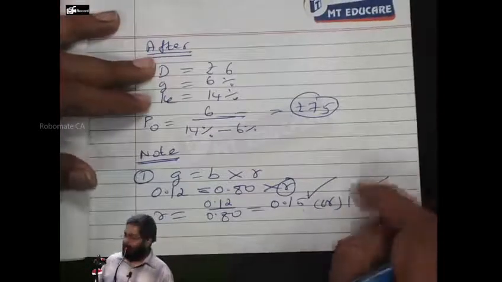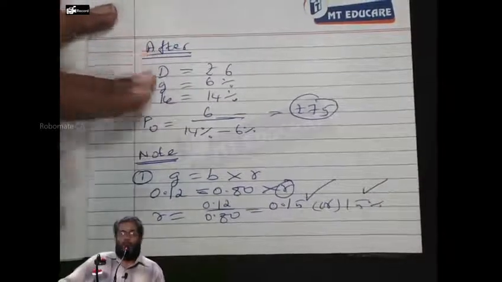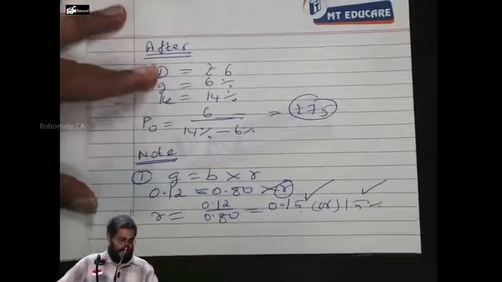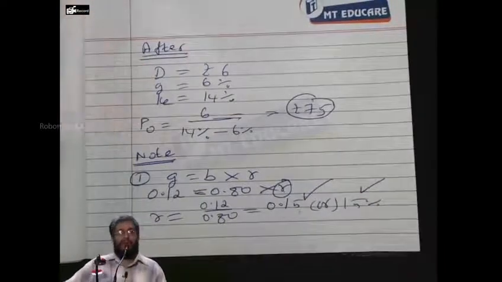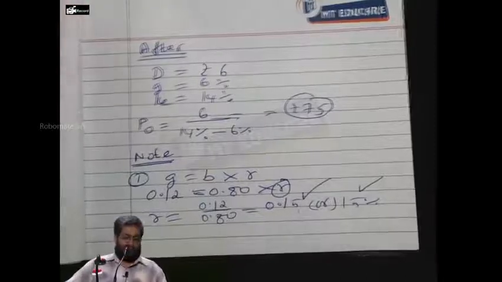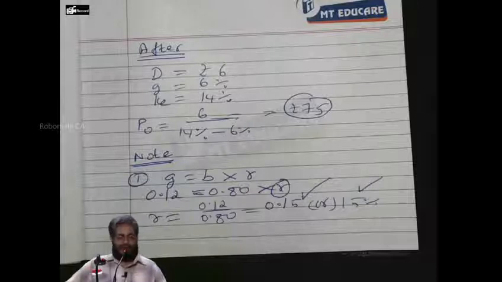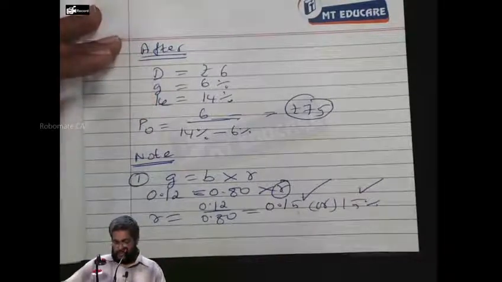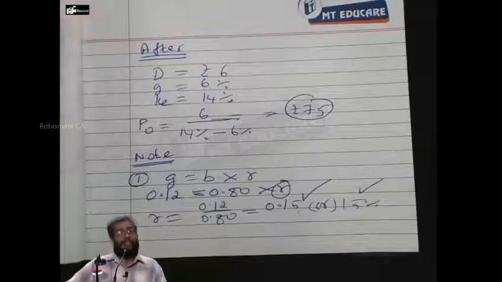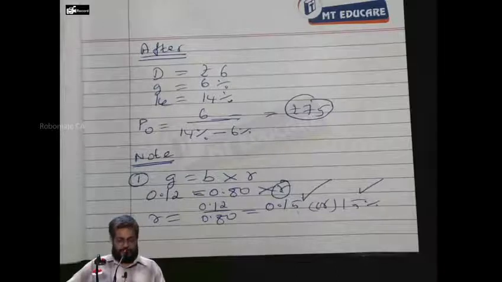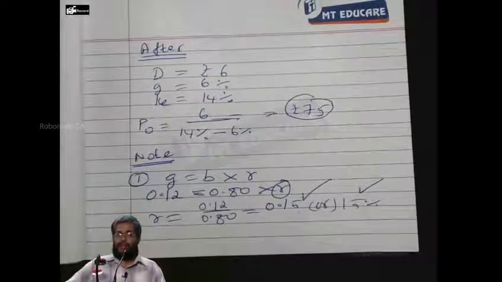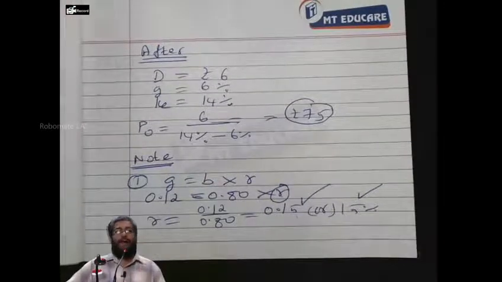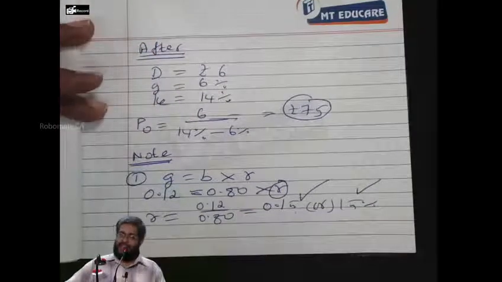Okay. Can I proceed? Point number 2. When founder was there, the company was able to find projects giving 15% IRR for about how many lakhs? 16 lakhs.